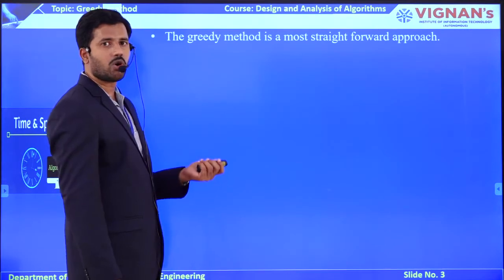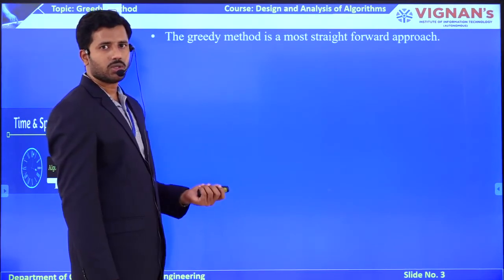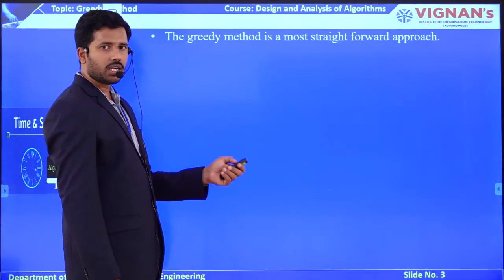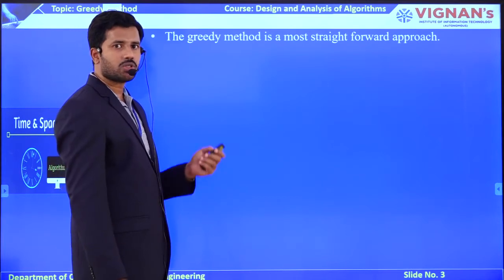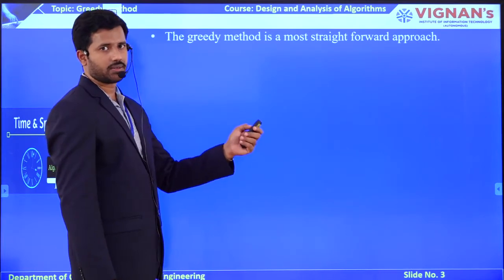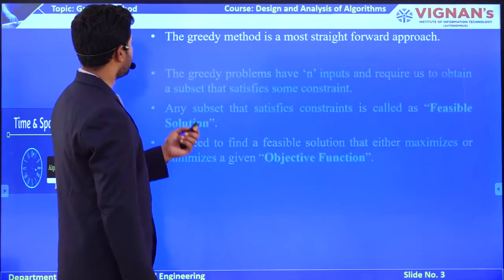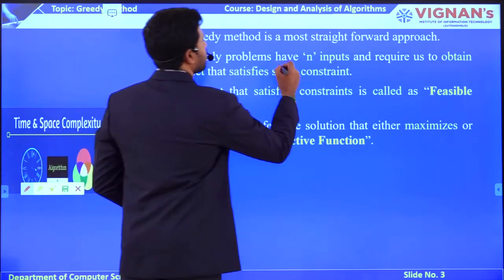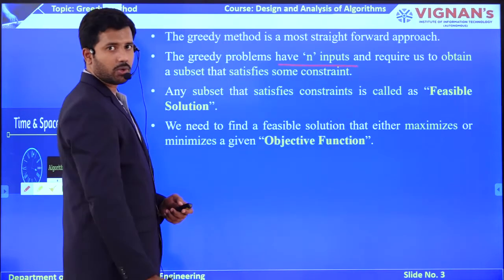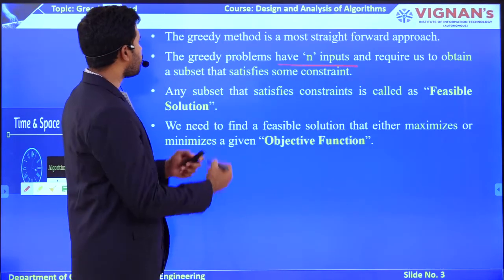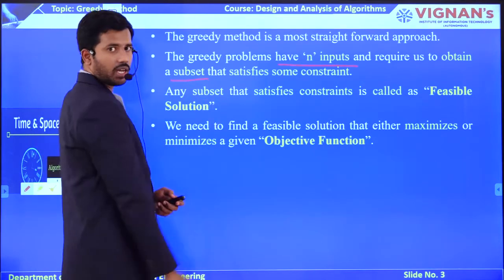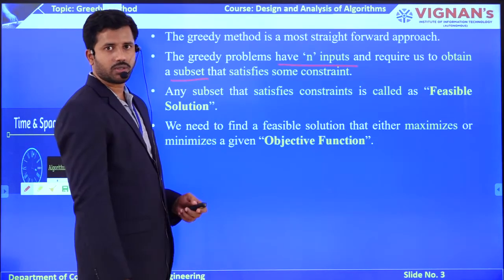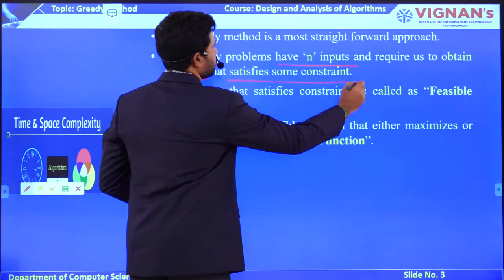The greedy technique is the most straightforward approach. Now we need to understand why this greedy technique is the most straightforward approach. The greedy technique has the capability to take a number of inputs. Among n number of inputs, you have a particular subset of solutions which satisfies your constraints.